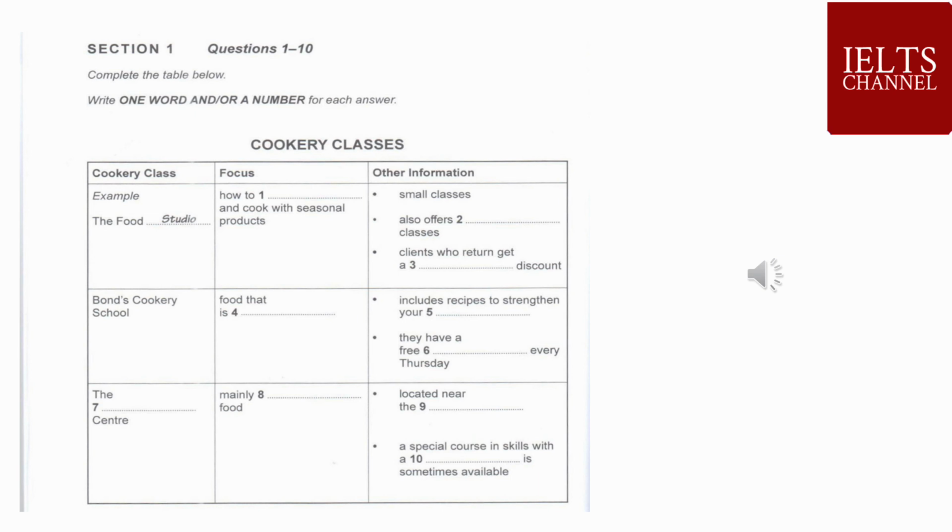Right, that sounds good. How big are the classes? I'm not sure exactly, but they'll be quite small. And could I get a private lesson there? I think so. Let me check. Yes, they do offer those. Though, in fact, most of the people who attend the classes find it's a nice way of getting to know one another. I suppose it must be, yes. And this company has a special deal for clients where they offer a discount of 20% if you return for a further class. Okay, but you said there were several classes.